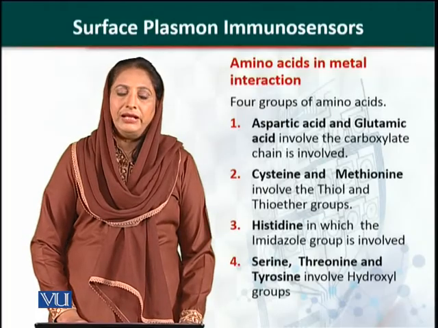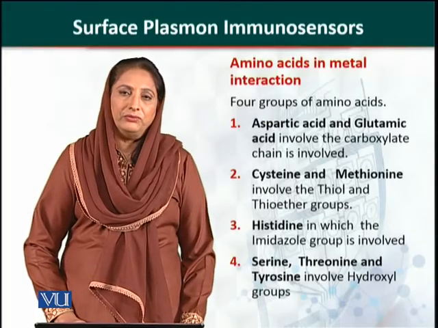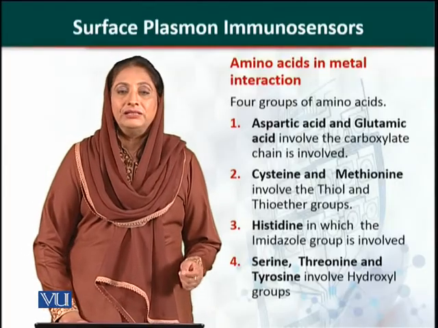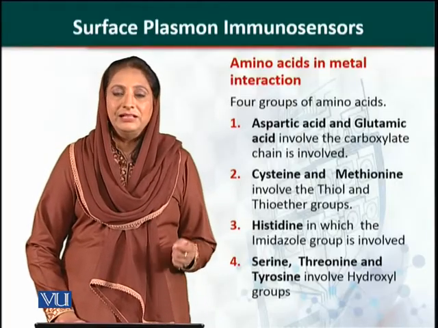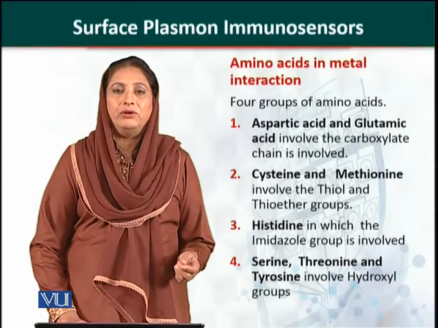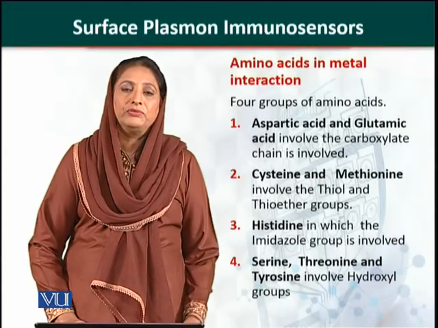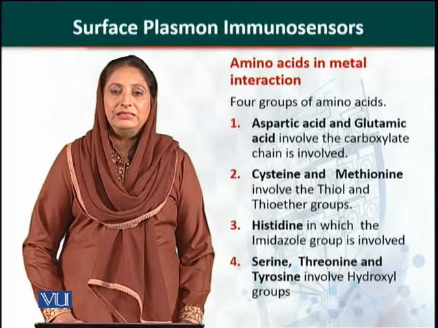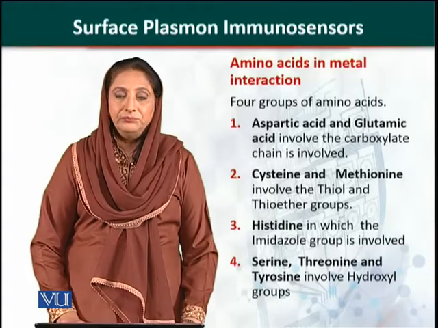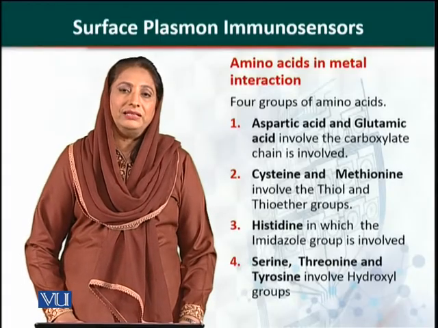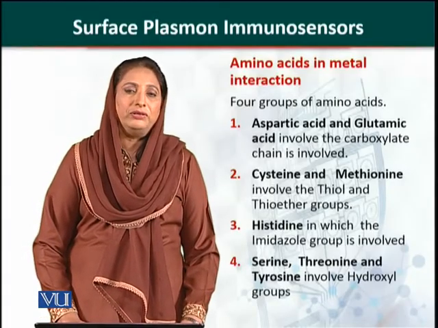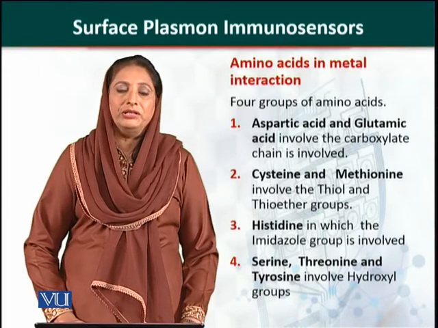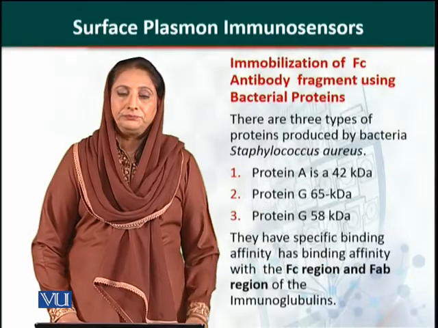Their thiol and thioether group is involved in the formation of bonds with the metals. Third amino acid is histidine. Its imidazole group is involved in the complex formation with the metals. And the fourth group comprises serine, threonine, and tyrosine. They contain hydroxyl groups, and this hydroxyl group is involved in the complex formation with the metals.